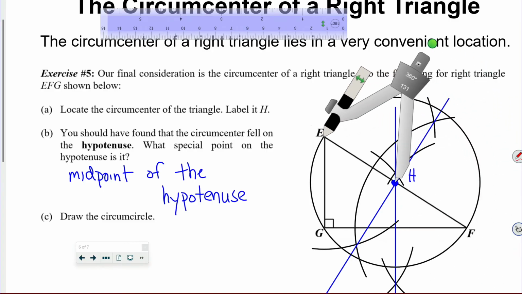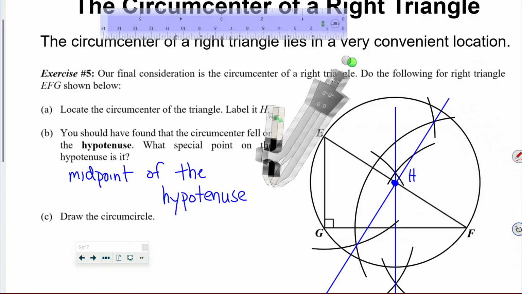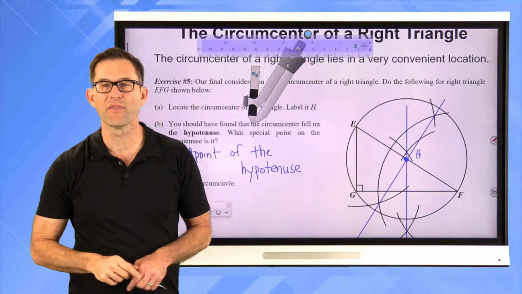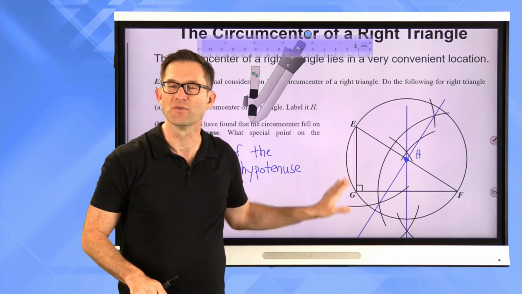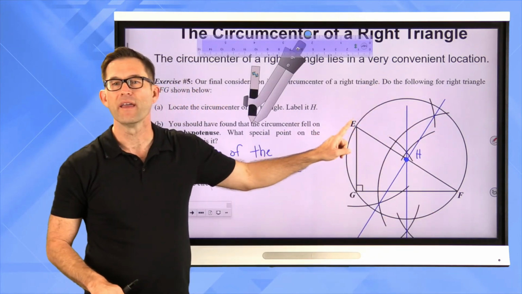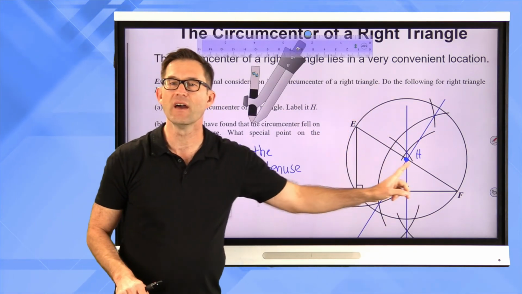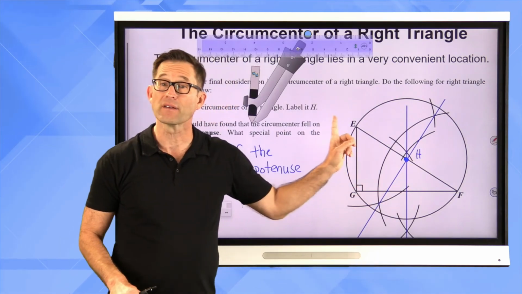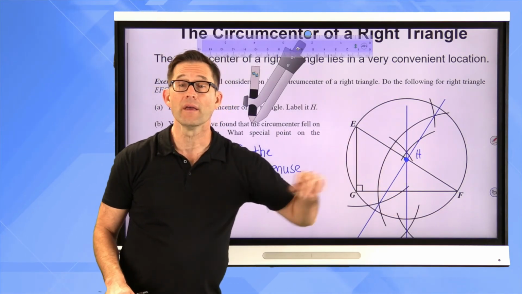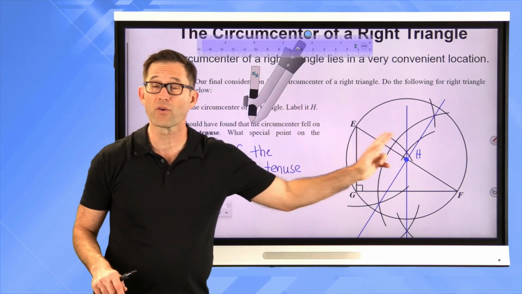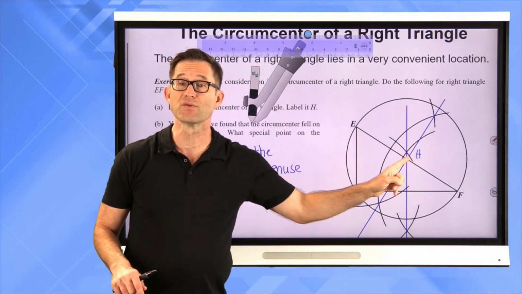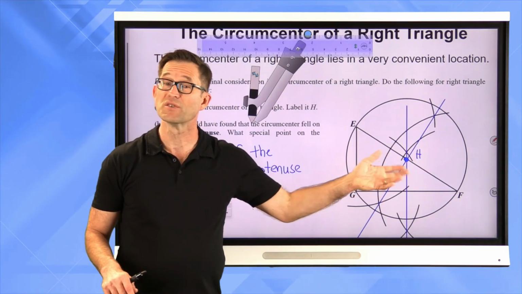All right. Not too bad. Not too bad. Look at that, right? Nice circle, goes all the way around the triangle, intersecting at E, G, and F. And in fact, EF is a diameter of that circle, right? Because it goes all the way across the circle and passes through the circle's center, which is point H.